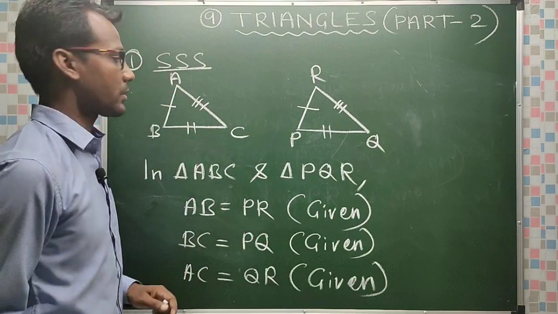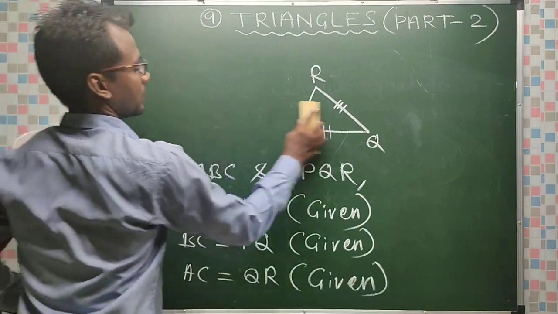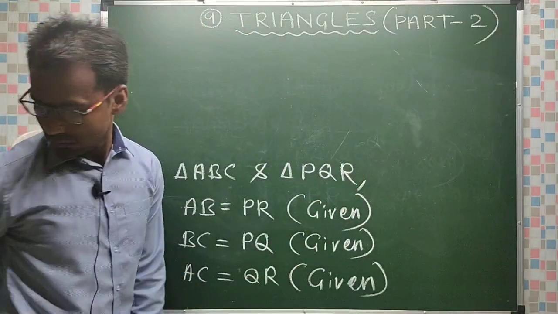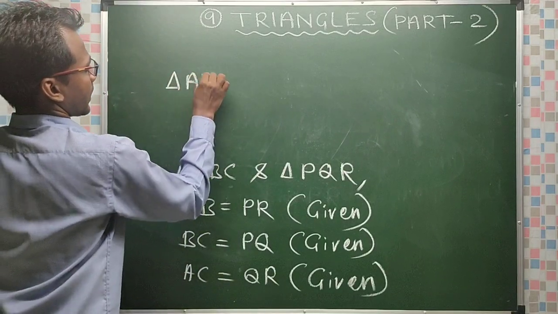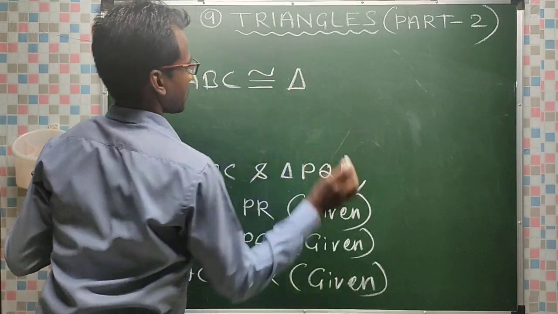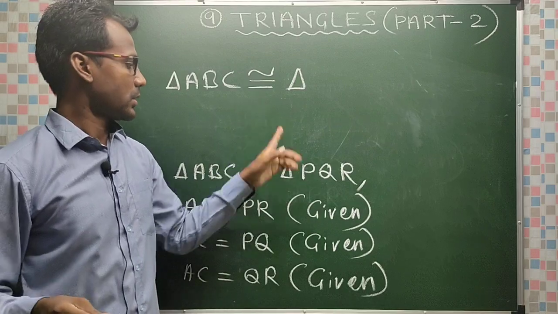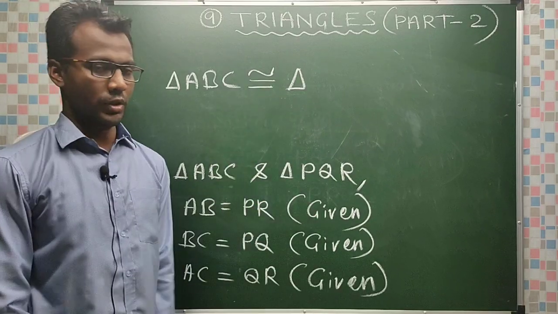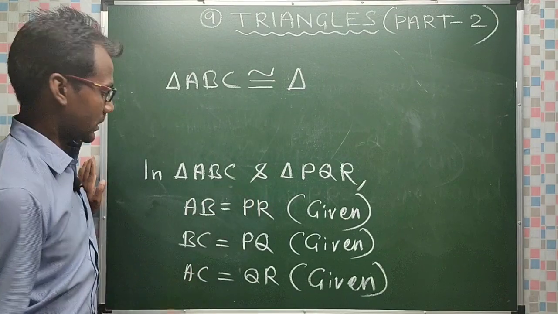So let us find the order. Triangle ABC congruent to: when you get this sign, order is very important. Here order is not equal, but here order is equal. Now see how to find the order.